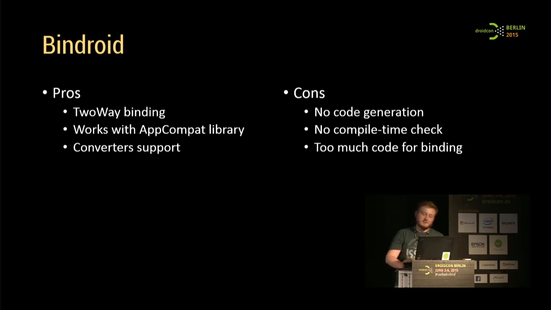So when we change, for example, the name of a property, it will fail because we pass the name of the property as a string in our code. So this is a really big problem, I think. And we need to write too much code for bindings.